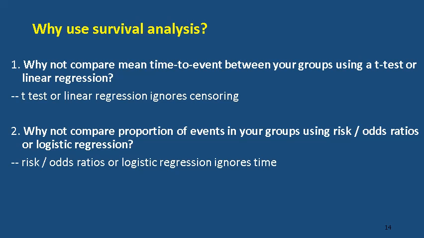So if we are looking at time alone, we cannot apply a t-test or linear regression because they ignore censoring. How many people are dropping out? They are not considered. Then you may think that we can use risk ratio or odds ratio or logistic regression. That also cannot be done because risk ratio or odds ratio ignores time.